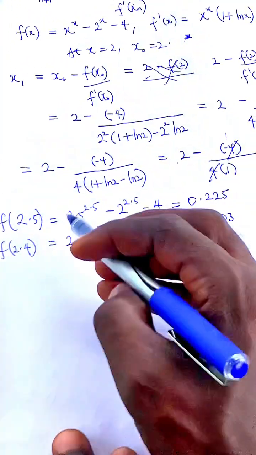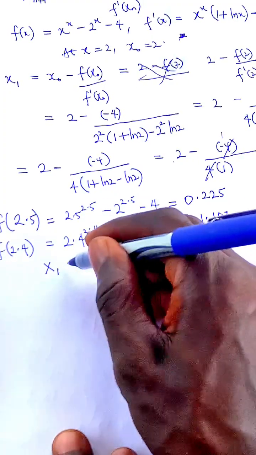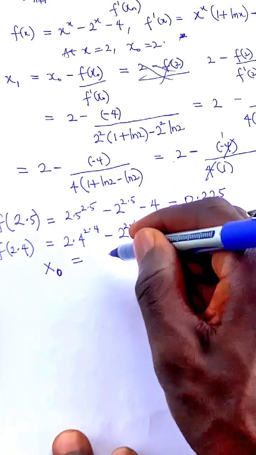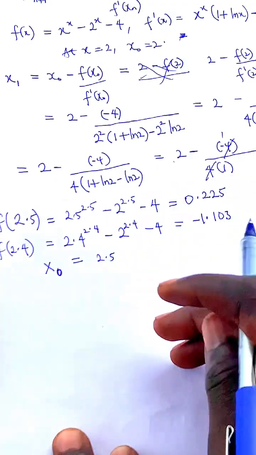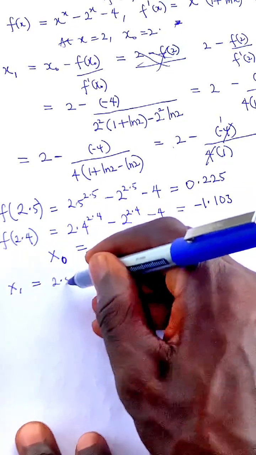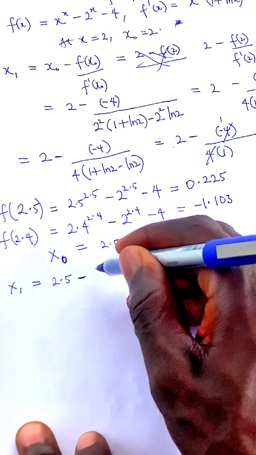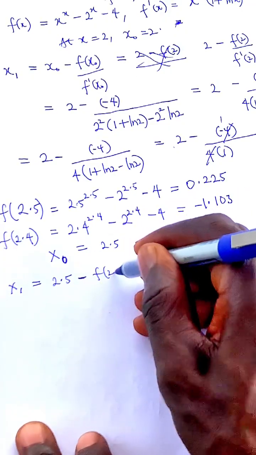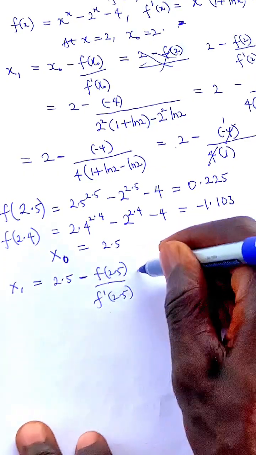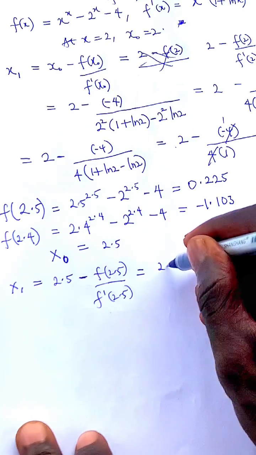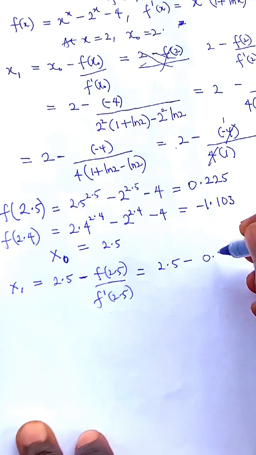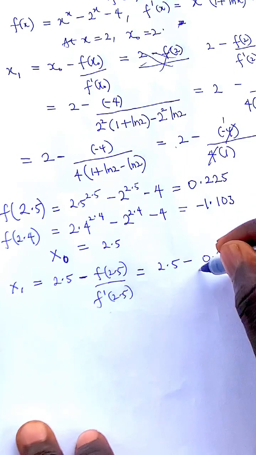So now, our new s0 is equal to 2.5. We will still do the same thing here. So x1 will be 2.5 minus function of 2.5 all over f prime of 2.5, and is equal to 2.5 minus function of 2.5, which is 0.225.